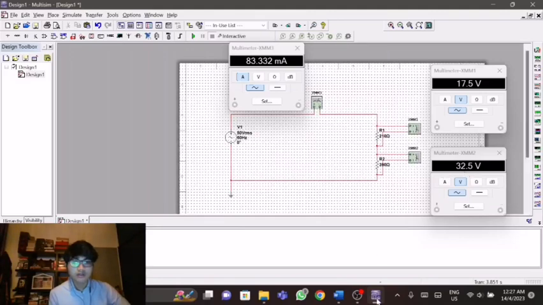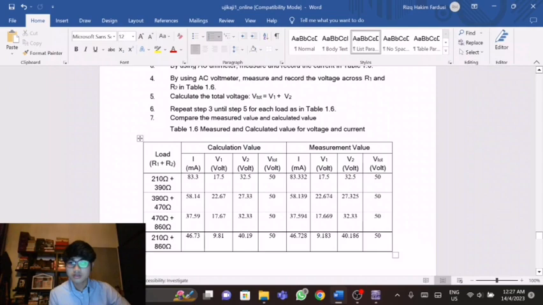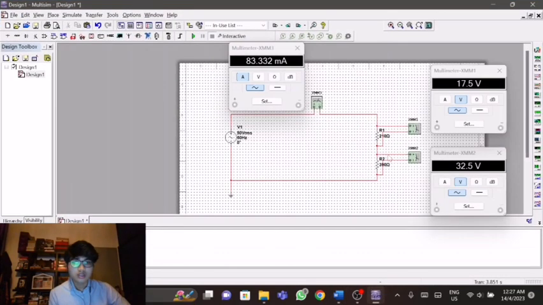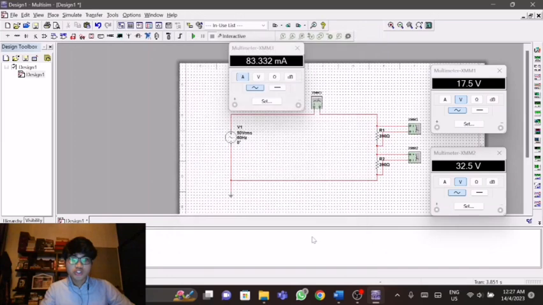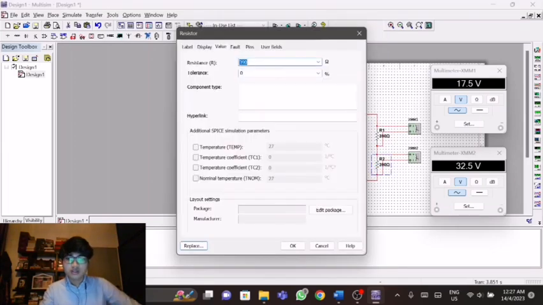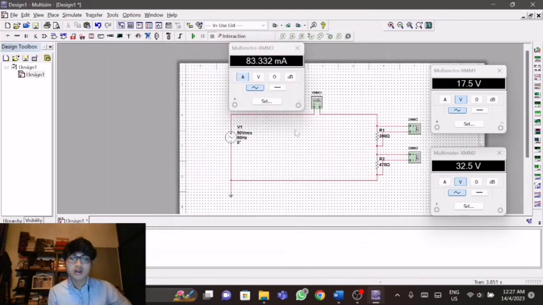So now we have to alter the resistance value, which is 390. We just have to change this resistor. Alright, before we change the resistor value, we have to stop the circuit first.